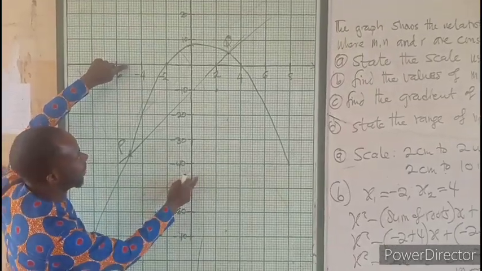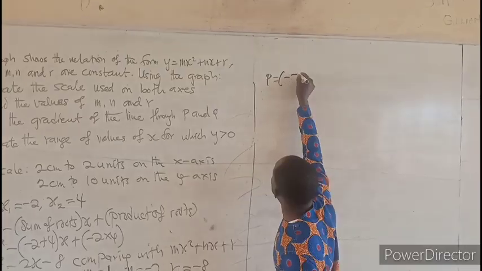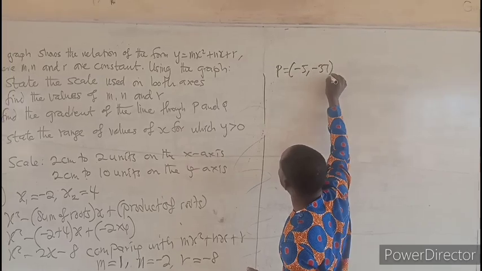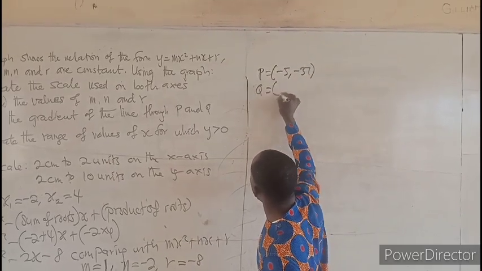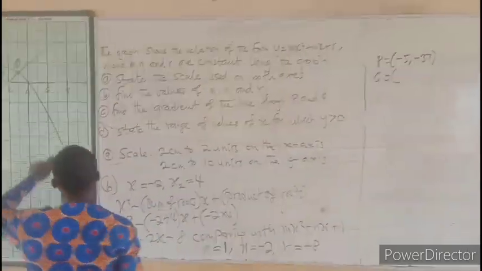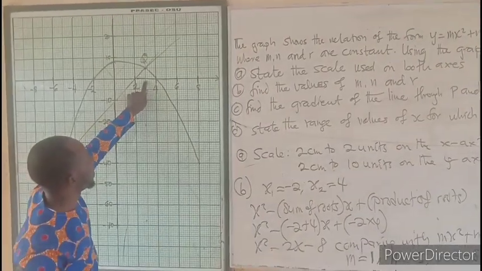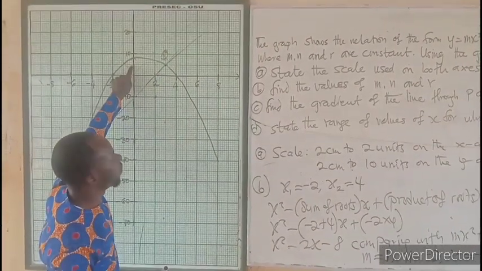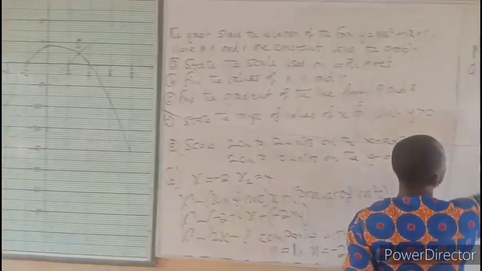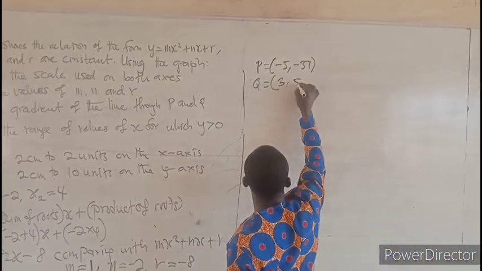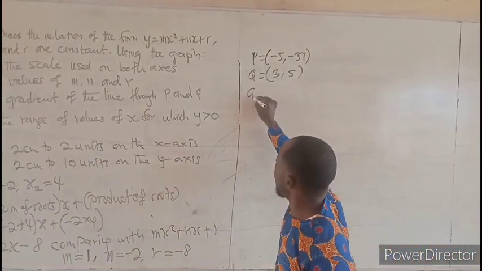So negative 5, negative 37. Then the value on Q, we are going to trace that to be, on the x is 3, on the y is 5. So I have 3 and 5.